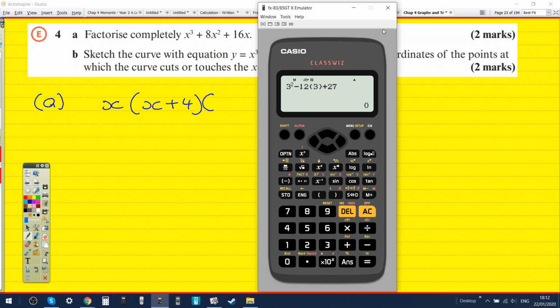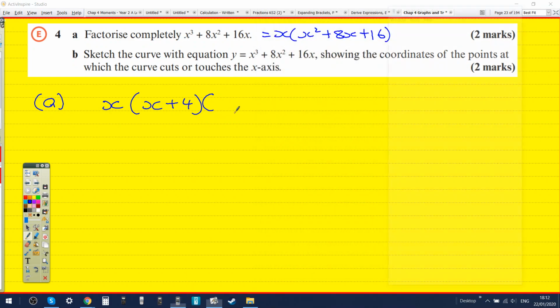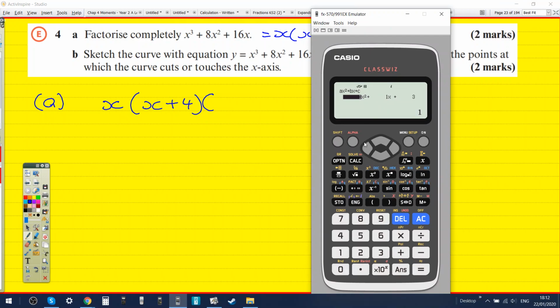Hang on, I'll change that to cubic. 1, 8, 16, 0. So that's x plus 4. That's it. So there's no x plus 1. Where are you getting that from? Are you putting in a quadratic or something? Is your calculator the same as mine?